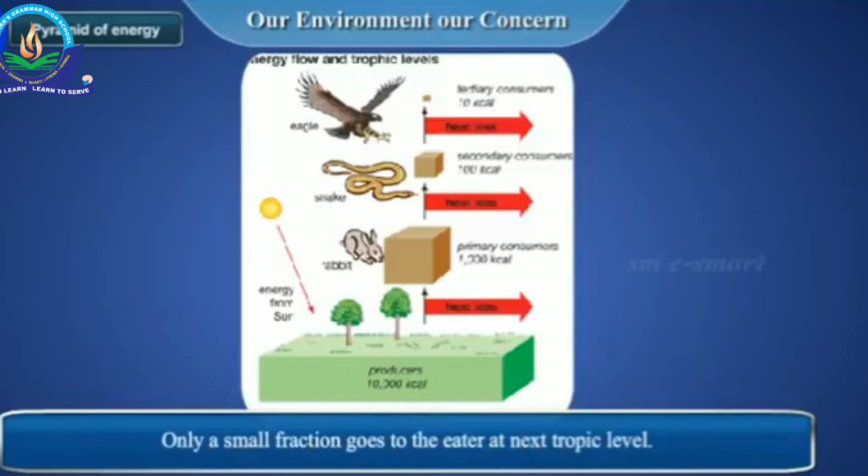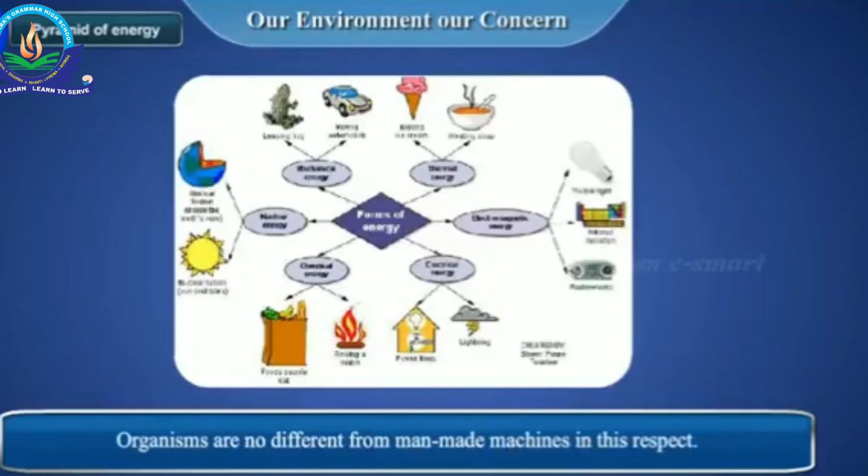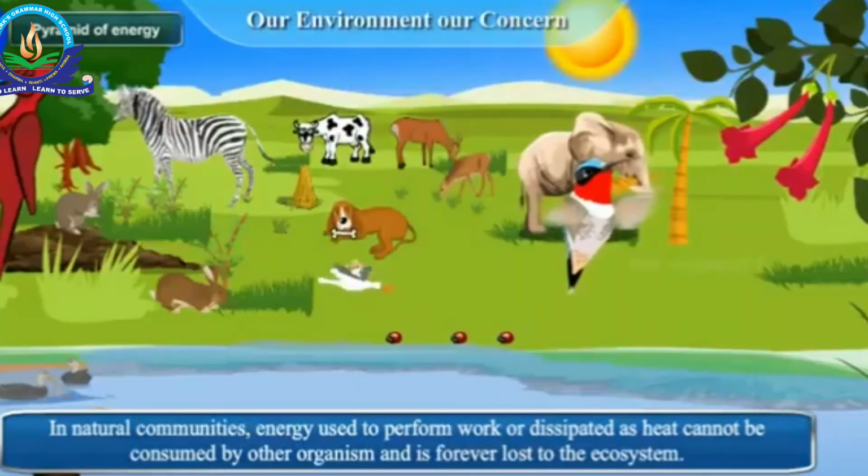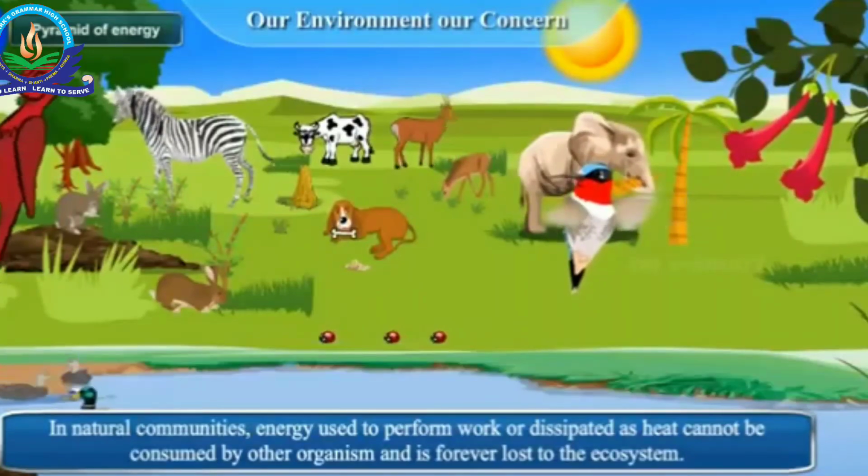Only a small fraction goes to the next trophic level. Organisms are no different from man-made machines in this respect. In natural communities, energy used to perform work or dissipated as heat cannot be consumed by other organisms and is forever lost to the ecosystem.